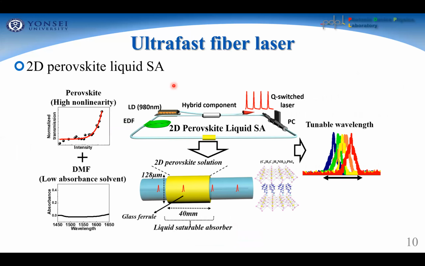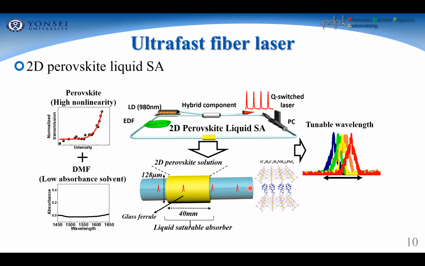So here is the 2D perovskite liquid saturable absorber. We use the high nonlinearity of the perovskite, mixing the DMF with an ultra-low absorption solvent, and we can tune the wavelengths in the conventional cavity.